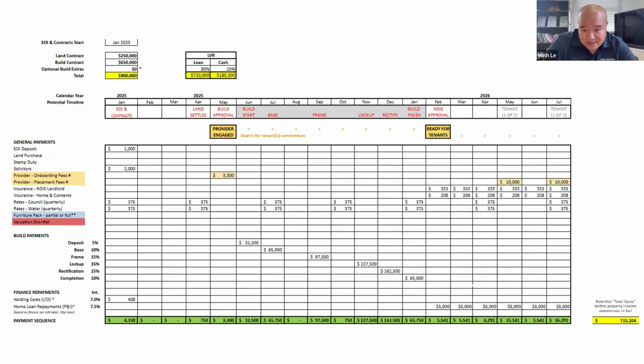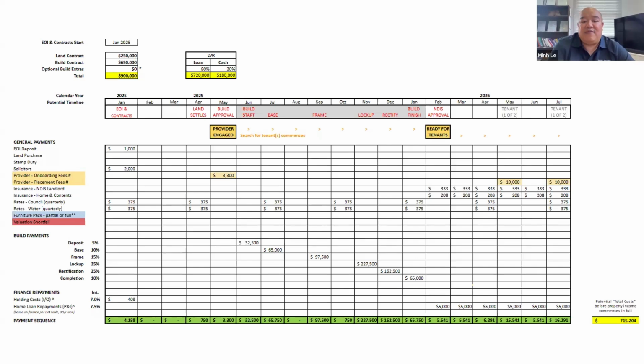Hey, Debbie, this doesn't show the interest only. What's missing in the spreadsheet, under holding costs, is the interest costs every month for the loan. That's what's missing. But other than that, the P&I payments are 5,000 a month after settlement. So even though it is a 650,000 build contract price, you see here total costs.